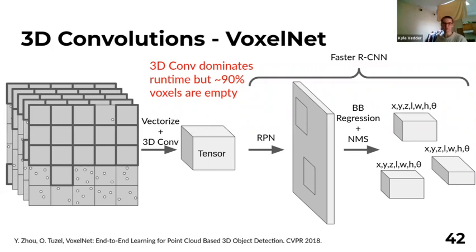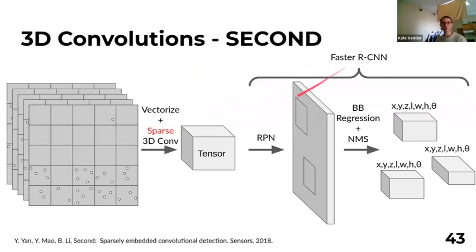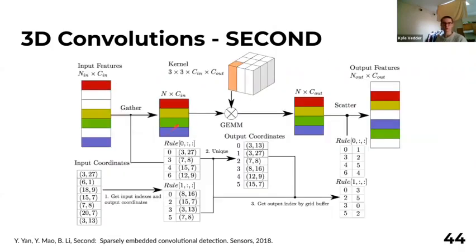The follow-on work, SECOND, says, okay, what if we exploit the sparsity to speed it up by doing sparse three-dimensional convolutions? This is from the second paper. This is their example. They actually treat this as a two-dimensional convolution. But the key intuition here is imagine that you have an input where these white slots are all zeros and these colored slots are non-zero.